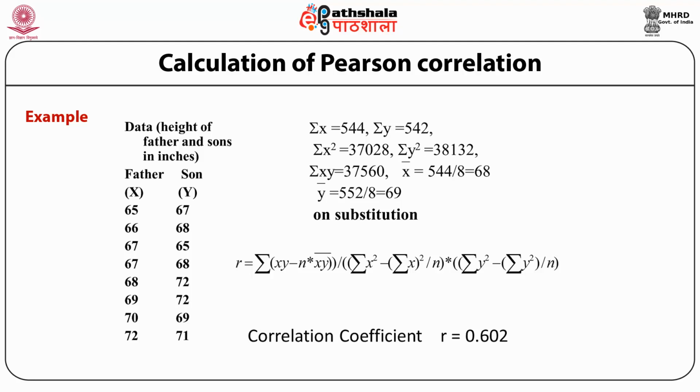Generally more than 60% is considered good, so here it is good. So what do we mean? The correlation is the extent of relationship between the two variables. That means height of the son depends upon father's height. That is a well-known fact, genetics effect.